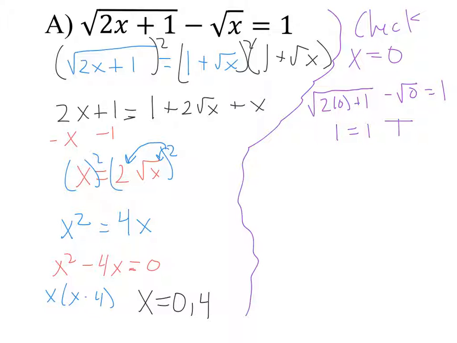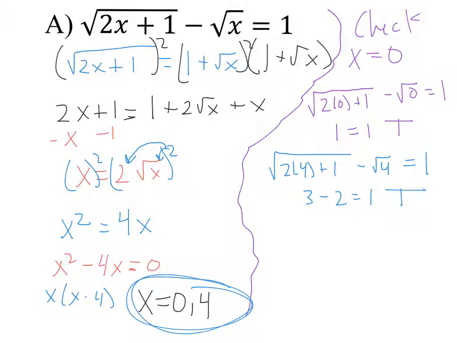And the second one, the square root of 2 times 4 plus 1 minus the square root of 4 equals 1. 2 times 4 is 8, plus 1 is 9. The square root of 9 is 3, minus the square root of 4, which is 2, is equal to 1. That one's also true. So for this one, you actually have both answers. Both of these are correct. So x equals 0 and x equals 4.